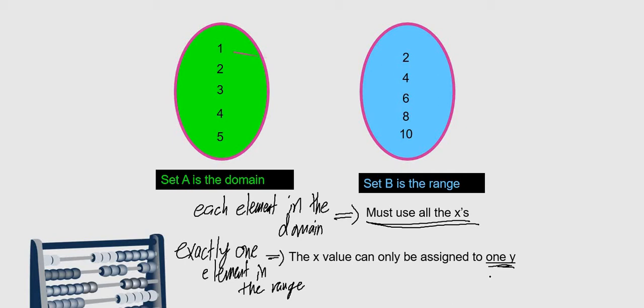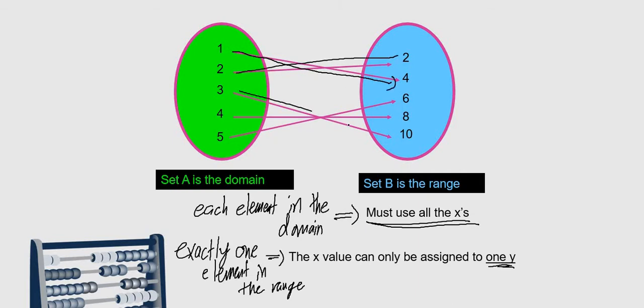So just like this one. Even though it's not a straight arrow, we can see that 1 is paired to 4, 2 is paired to 2, 3 is paired to 10, 4 is paired to 8, and 5 is paired to 6. As you have seen, all x's are used.